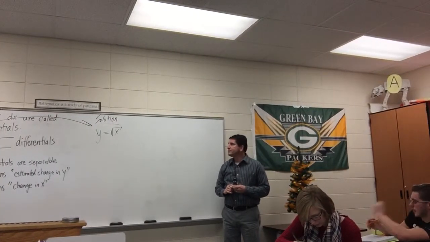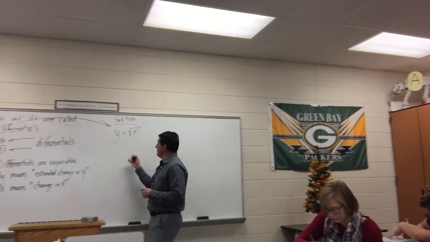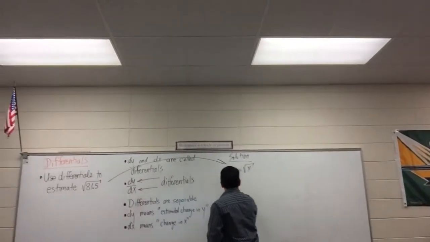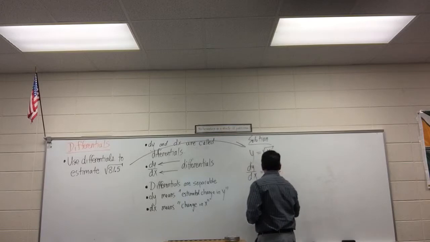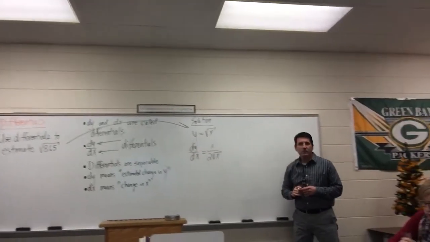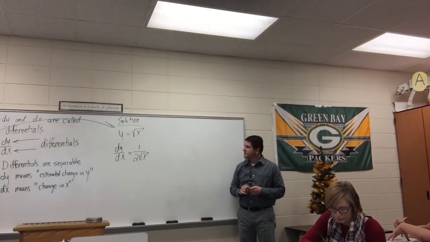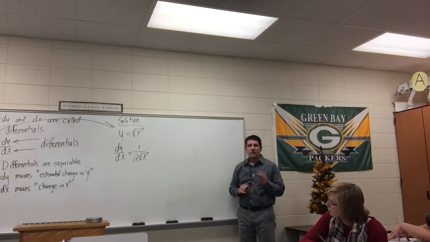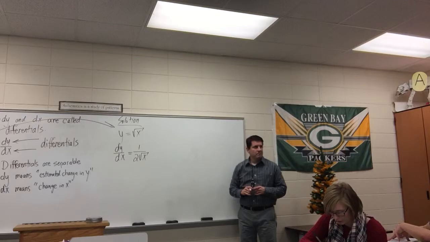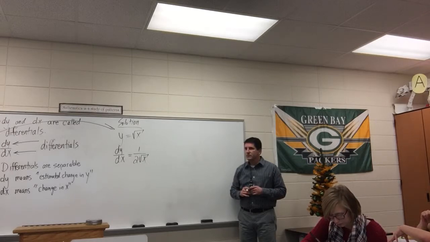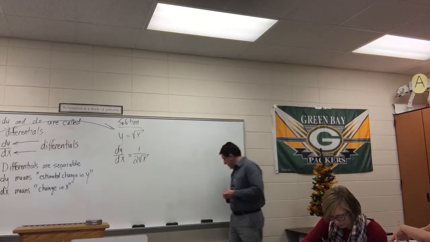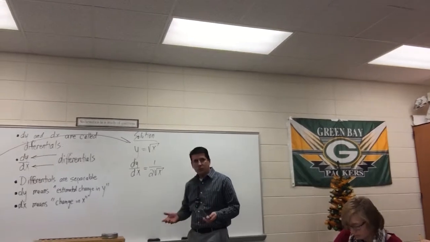So let's find the derivative. dy dx equals 1 over 2 square root of x, because we already know that. This is the part where it gets fun. dy and dx can be separated from each other. Okay? So watch what I'm going to do here. I've got no colored markers.